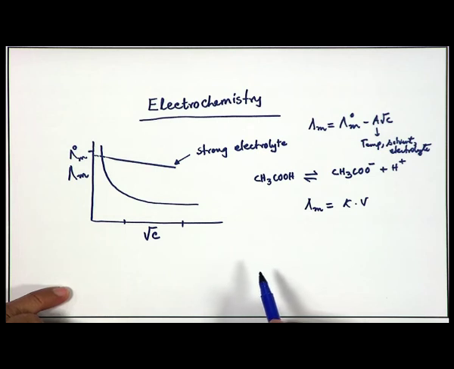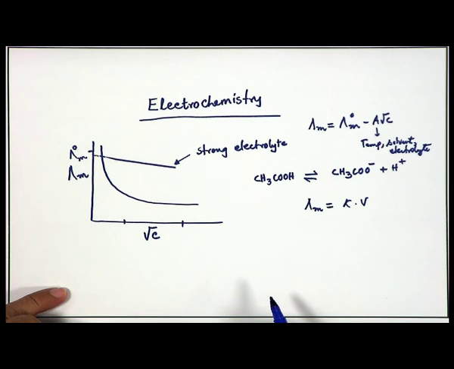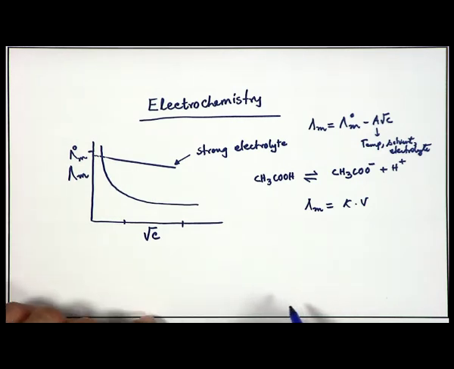So, that is why we need to invoke the concept of Kohlrausch's law of independent migration of ions, that at infinite dilution all the ions move freely, and therefore, each individual ion contributes to a definite extent to the lambda m 0 value, and this is the way you can find it out. So, let us look at this acetic acid again.